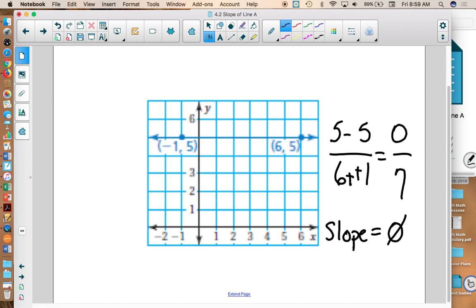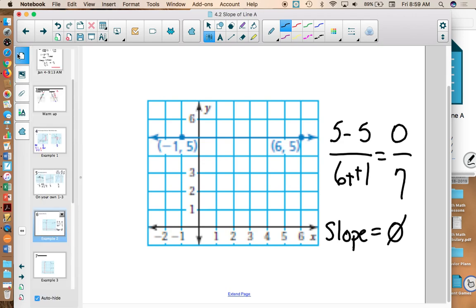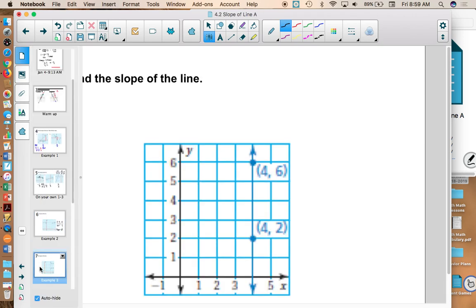All right? That's important to know because right here, I've got a vertical line. What's its slope? It's undefined.